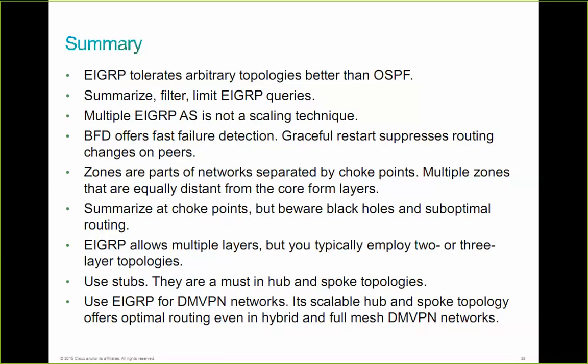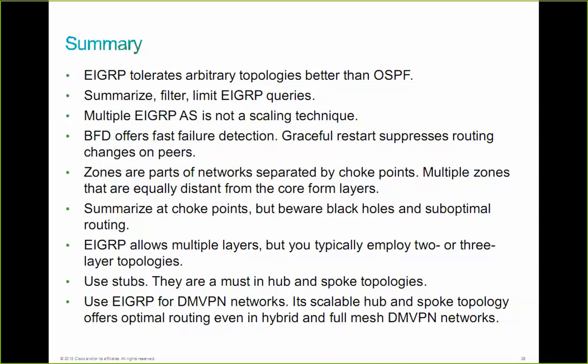Running multiple autonomous systems is not an effective scaling technique because it doesn't limit queries across the autonomous systems. We can use BFD to offer faster failure detection, and then Graceful Restart suppresses routing changes on peers while failover is occurring, while we're seeing stateful switchover or in-service upgrades.